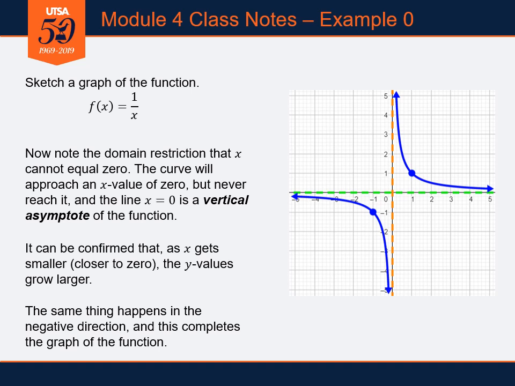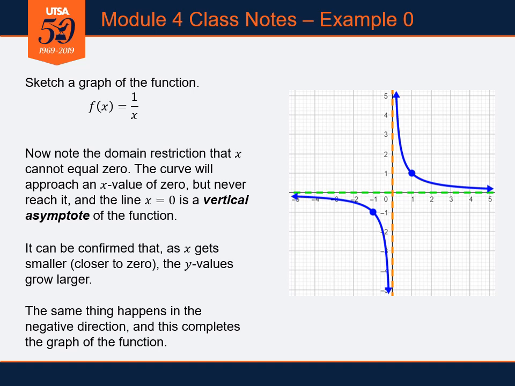So some characteristics that we pay attention to here are, well, we always like to start with some points on the graph, but then we recognize that the curves of a rational function are going to depend on and revolve around the asymptotes, horizontal asymptotes and vertical asymptotes of the graph.